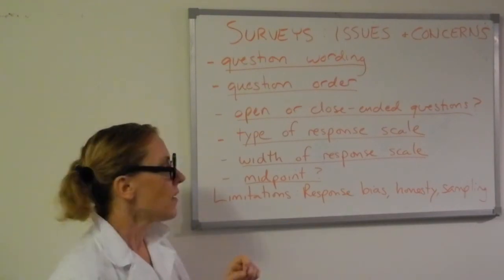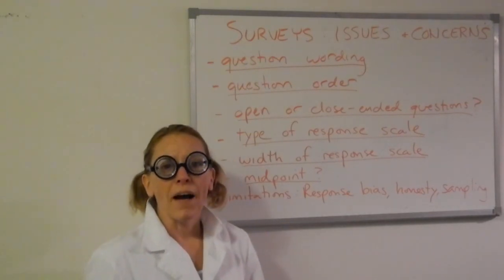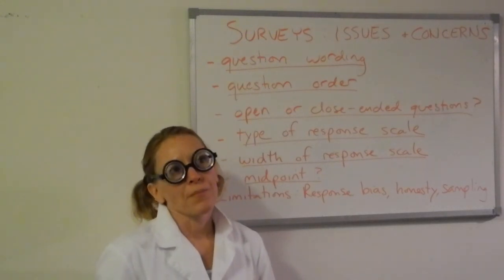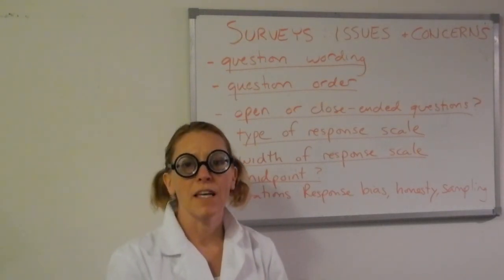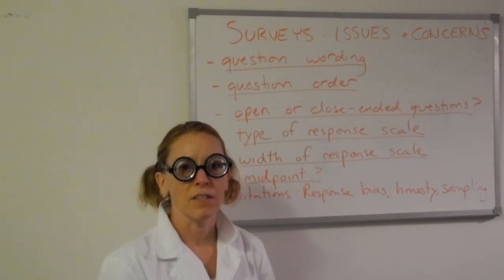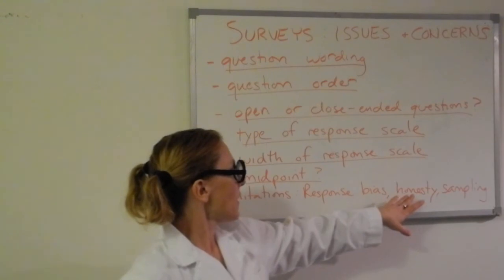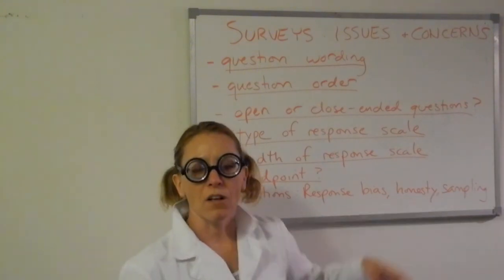But we also have a bias to impress the experimenter, be what we think they want us to be, or say what we think is socially desirable. That's called the social desirability bias.